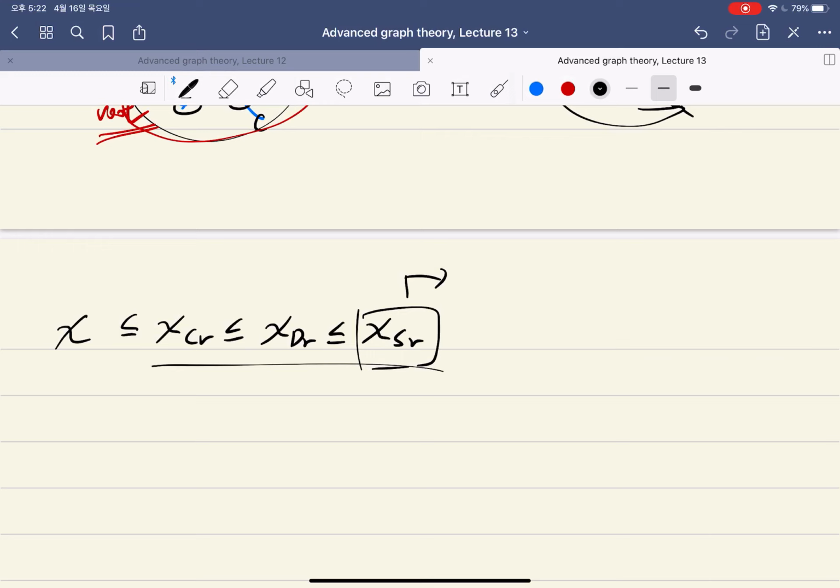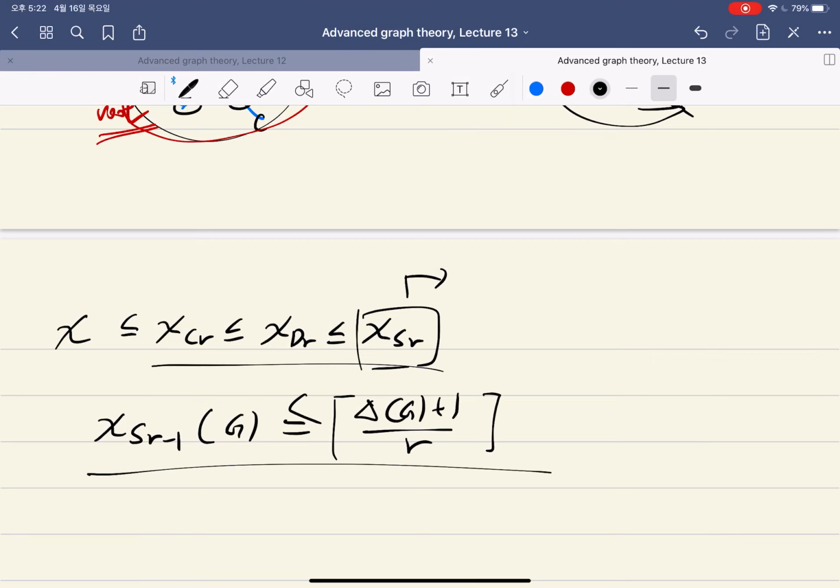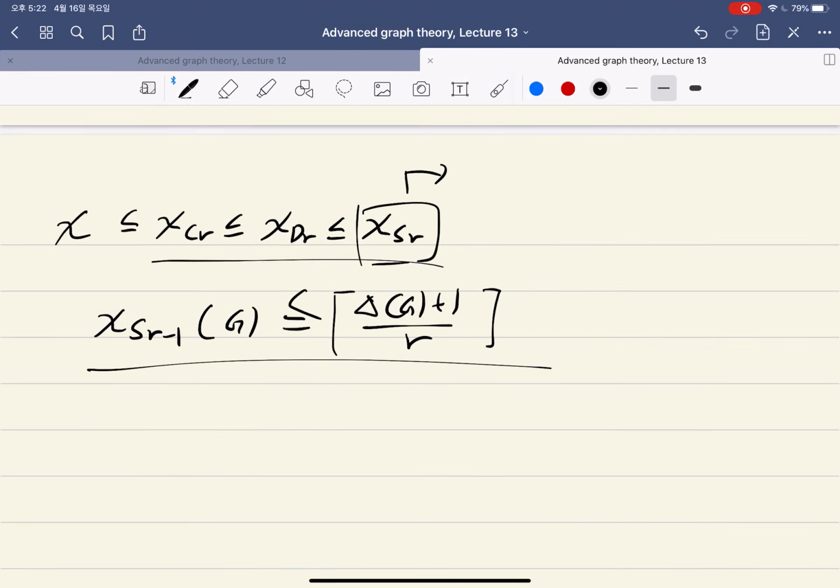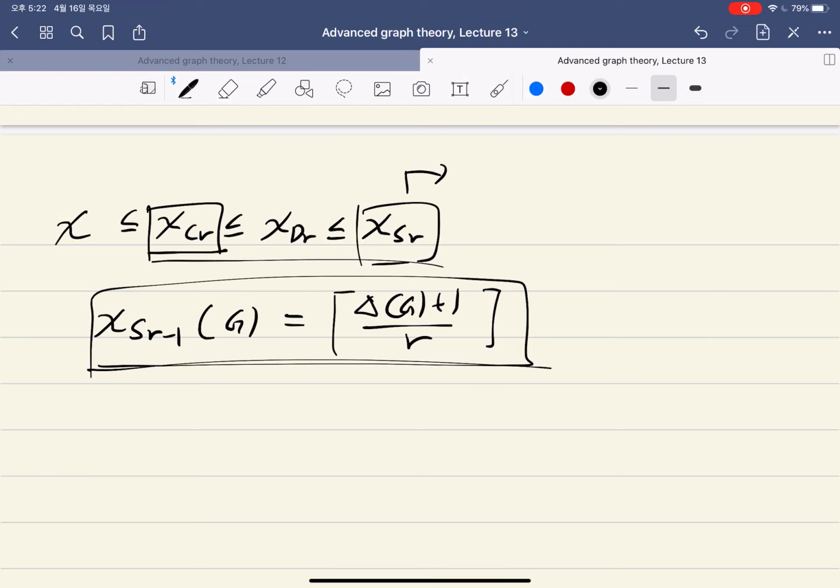And we actually know that this, say R minus 1, we have this inequality. Later we will prove this. And in this inequality, there are many graphs satisfying the equality. But if you take this smaller one, this connectivity coloring, then there are not many graphs satisfying this equality, meaning that this is strictly smaller than this.